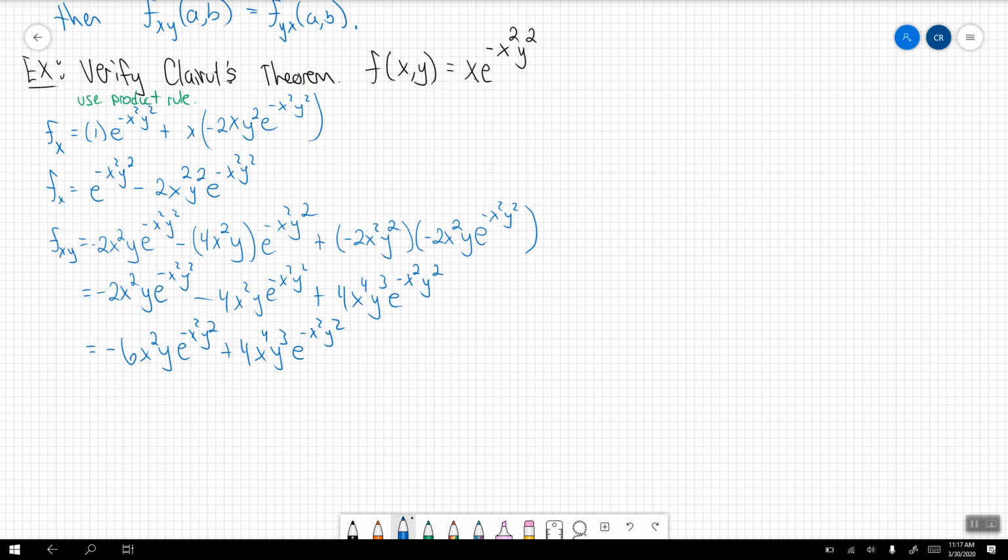Nice. Now that we have one of them, again, we're trying to verify Clairaut's theorem, so we're going to have to go with the partial derivative with respect to y. This one's going to be slightly easier because the x variables are treated as constants. So anything that has an x is a constant.